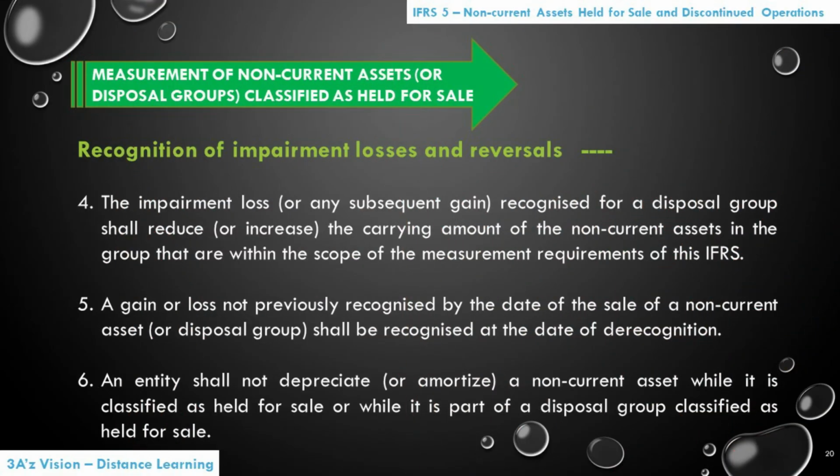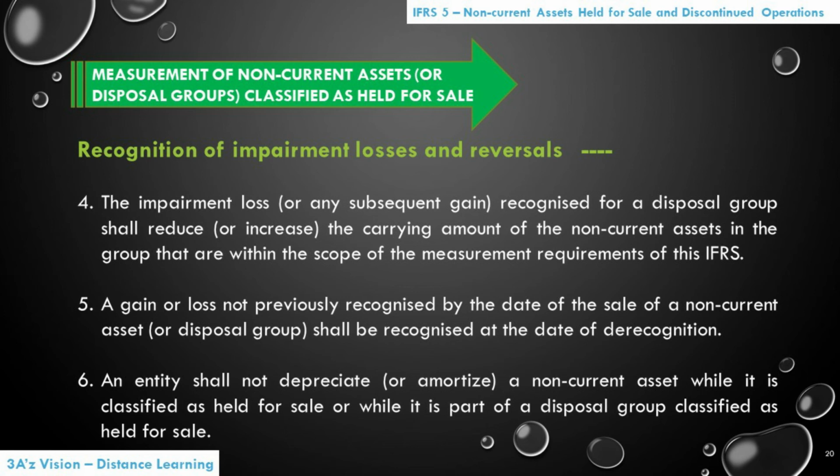Number 4. The impairment loss, or any subsequent gain, recognized for a disposal group, shall reduce, or increase, the carrying amount of the non-current assets in the group that are within the scope of the measurement requirements of this IFRS.